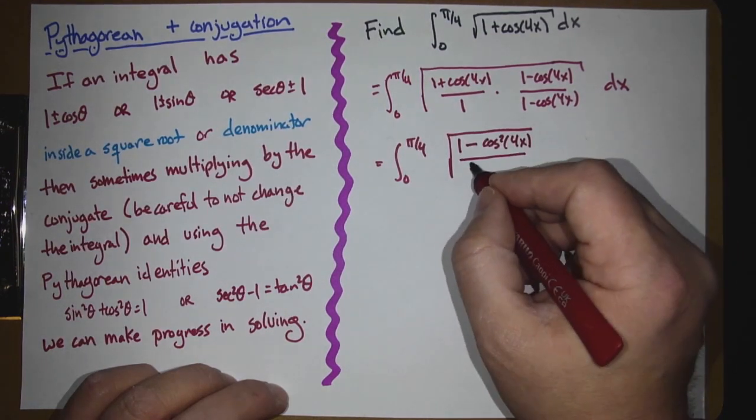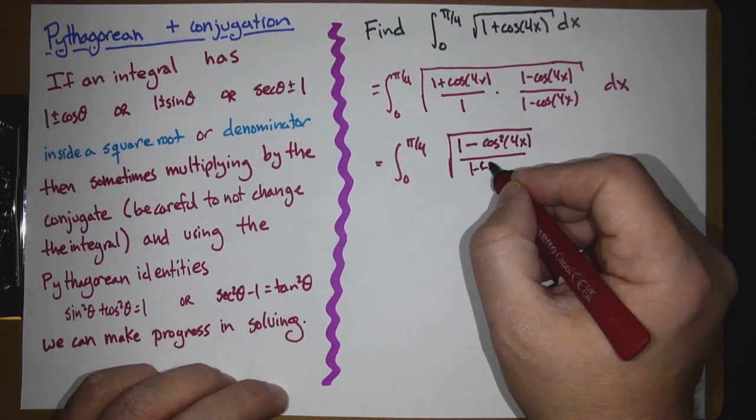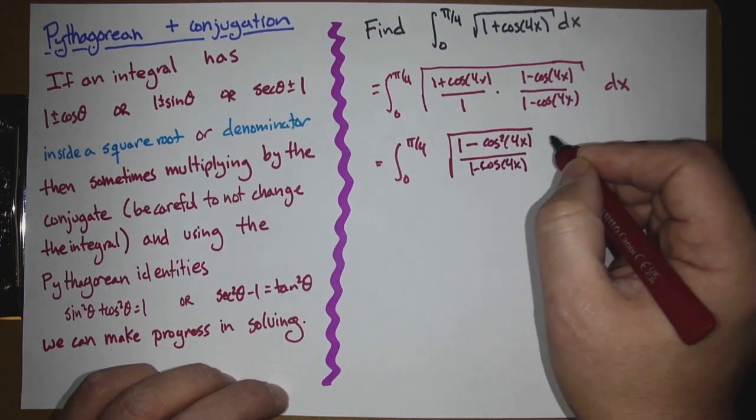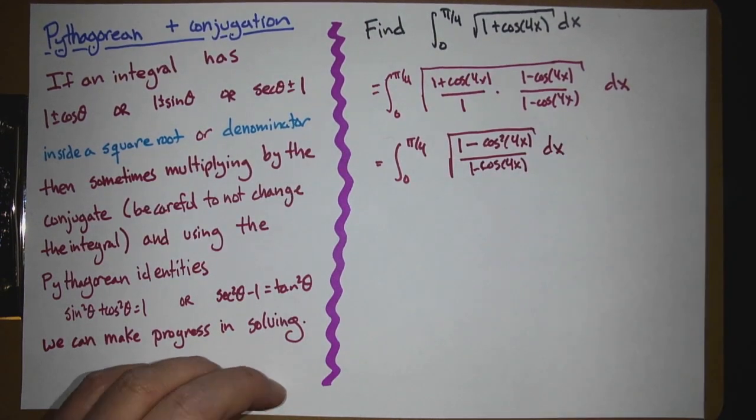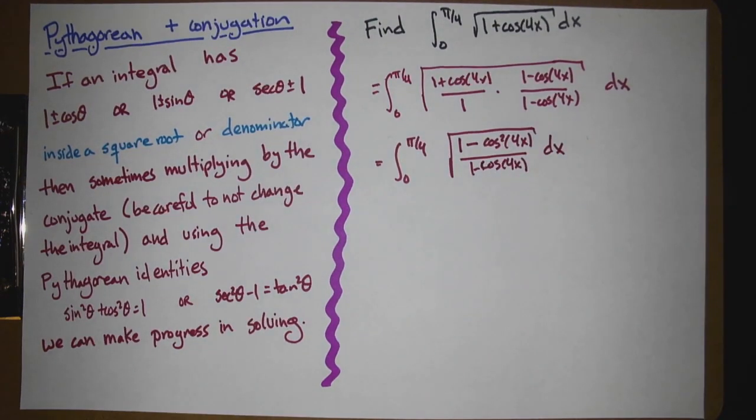And the bottom becomes 1 minus cosine 4x. I know right now it doesn't look better, but let's think through the process. 1 plus cosine 4x, there's not a lot we can do with that. 1 minus cosine squared of 4x, there is something we can do with that.